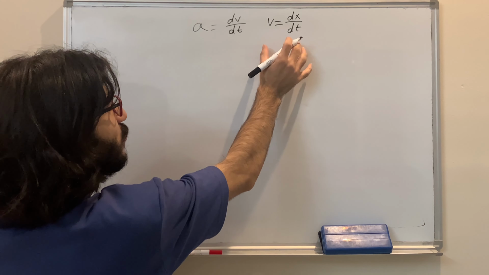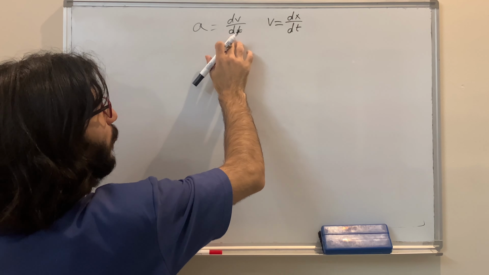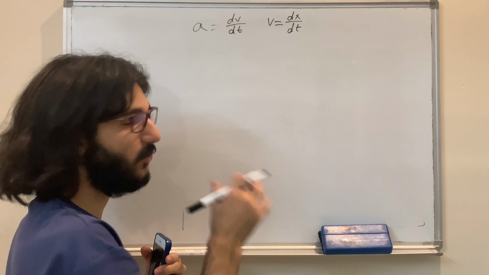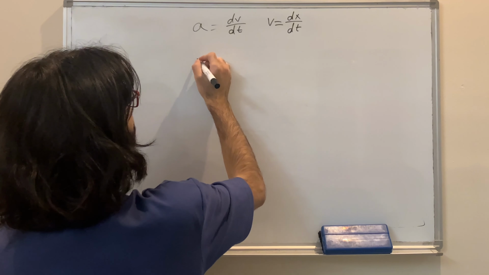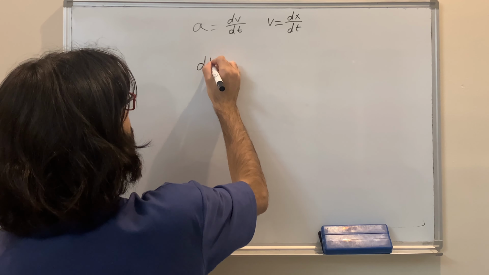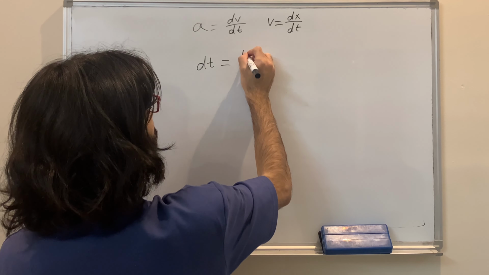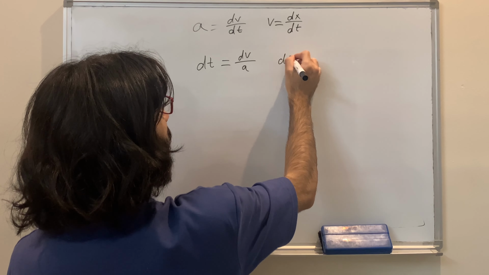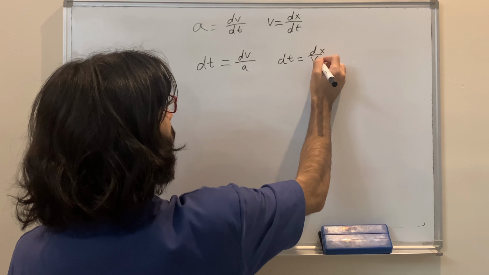Both have dt in them, so we can solve for dt and set them equal to each other. We get dt equals dv over a, and dt equals dx over v.